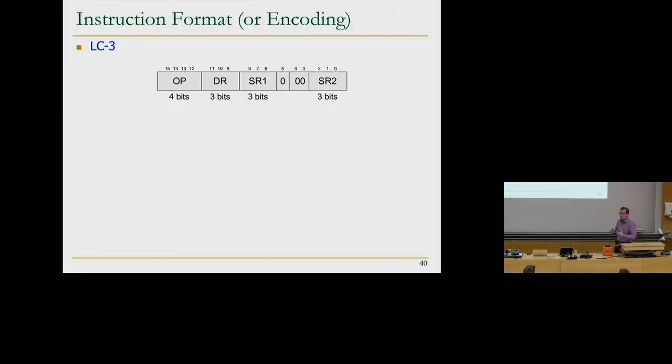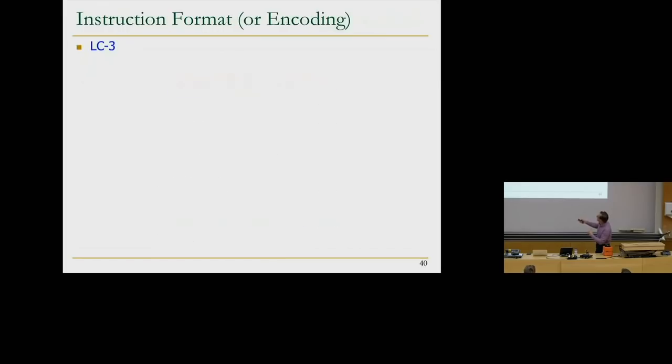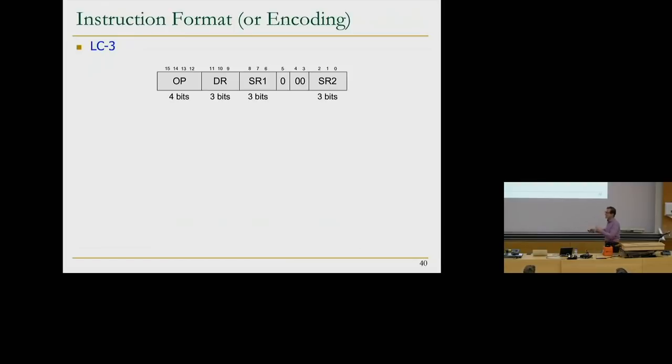This is an encoding, basically. When the machine gets this, it looks at these different parts and says, oh, I have the opcode. It's saying 0001, so oh, it must be an add. There's a contract between the software and the hardware. And the destination register is specified by these 3 bits, source register 1 is specified by these 3 bits, and source register 2 is specified by these 3 bits. So I should add source register 1 to source register 2 and put the result into the destination register.